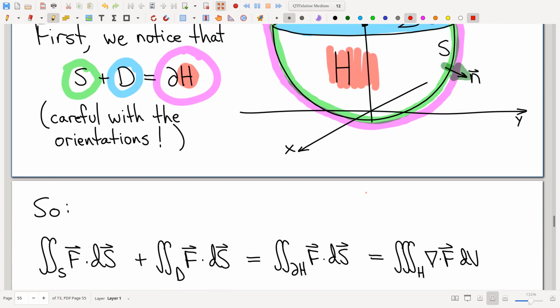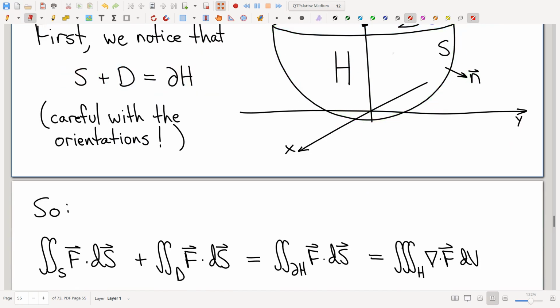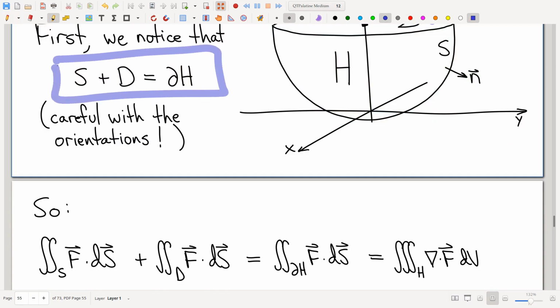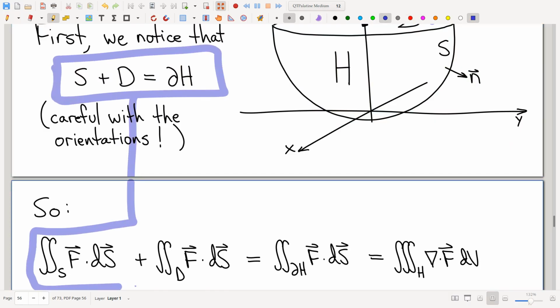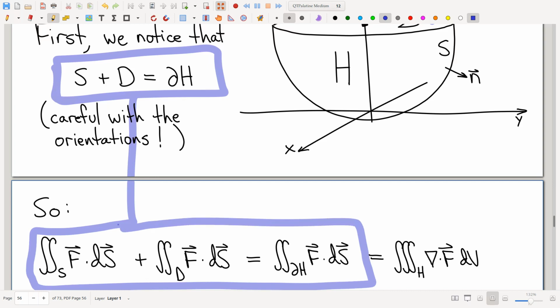First, we notice, and I'm going to get rid of the color coding here, by the way, so I just need to recover my colors. This equation tells me this, right? The fact that S and D combine to make the boundary of H is really just saying let's take the flux through both sides of that equation.